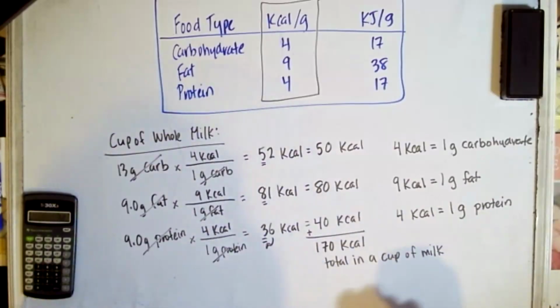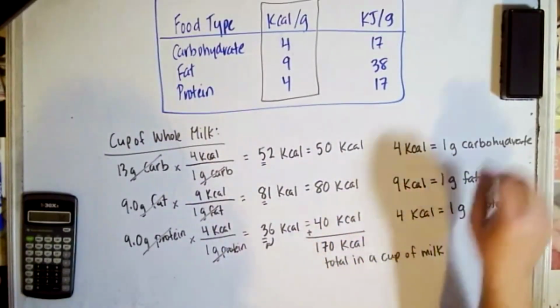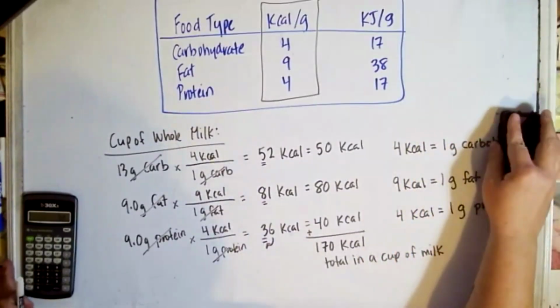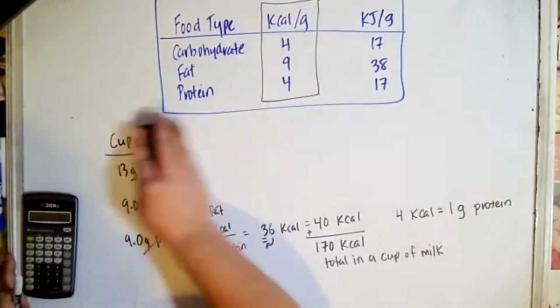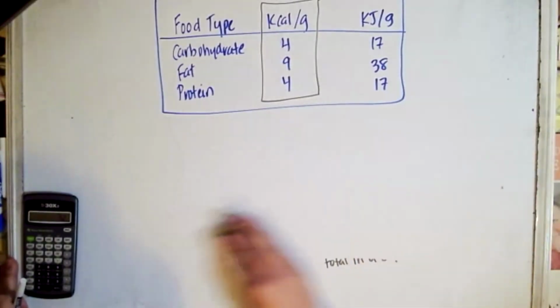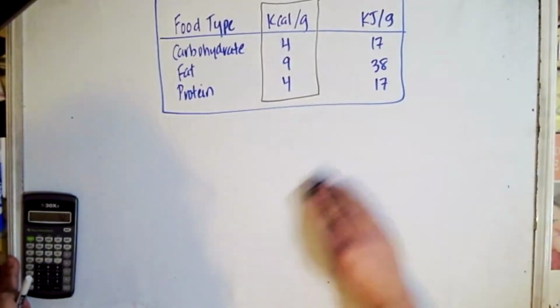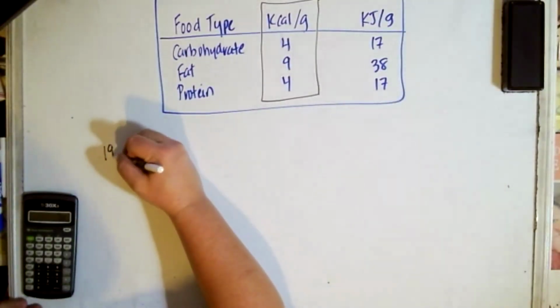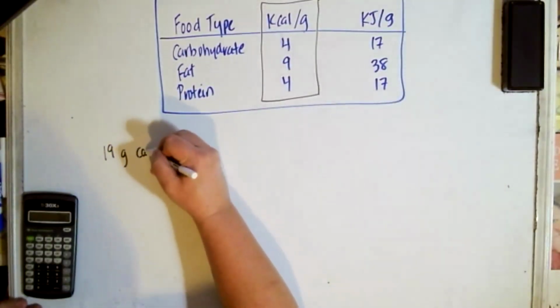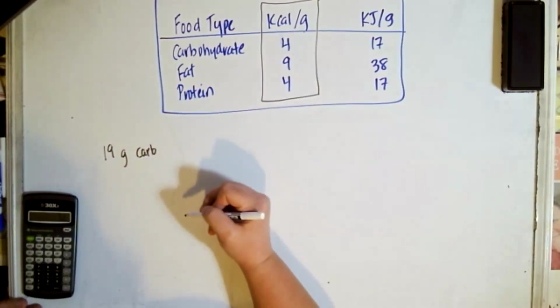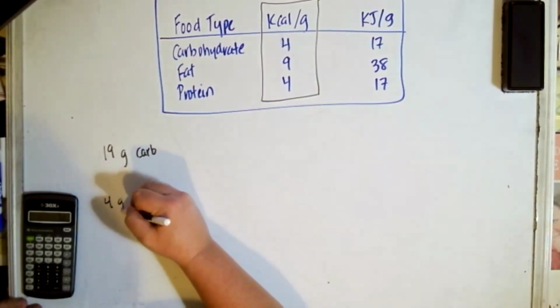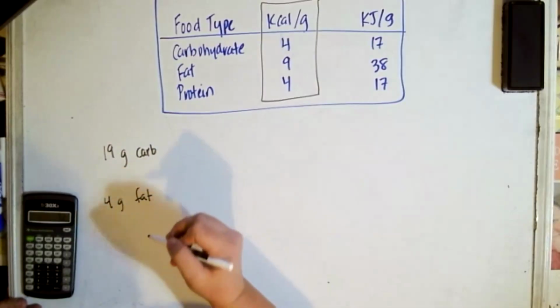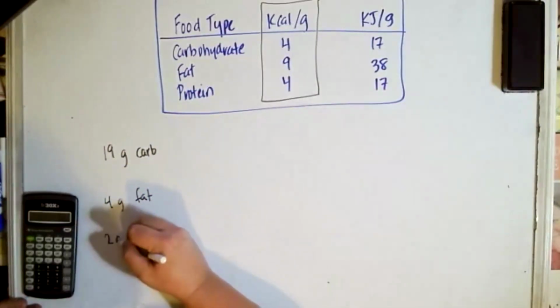Let's look at the next example. It's sample problem 3.6, and it's just a different nutrition label. While working on his diet log, Charles observed that the nutrition facts label for snack crackers states that 1 serving contains 19 grams of carbohydrates, 4 grams of fat, and 2 grams of protein.